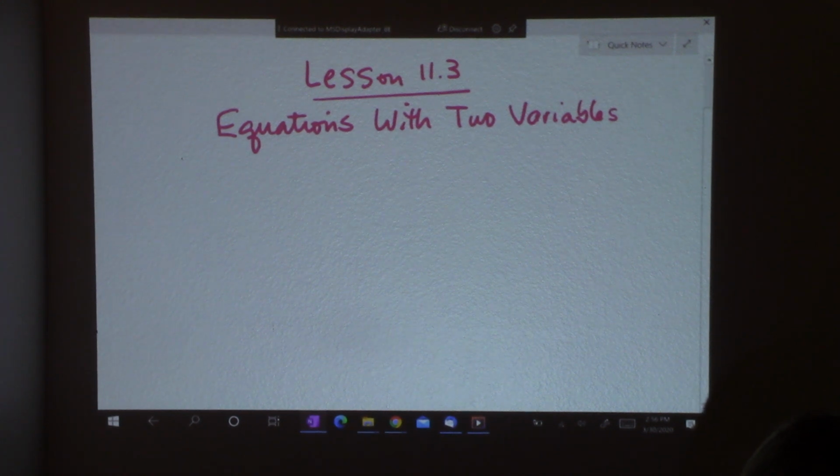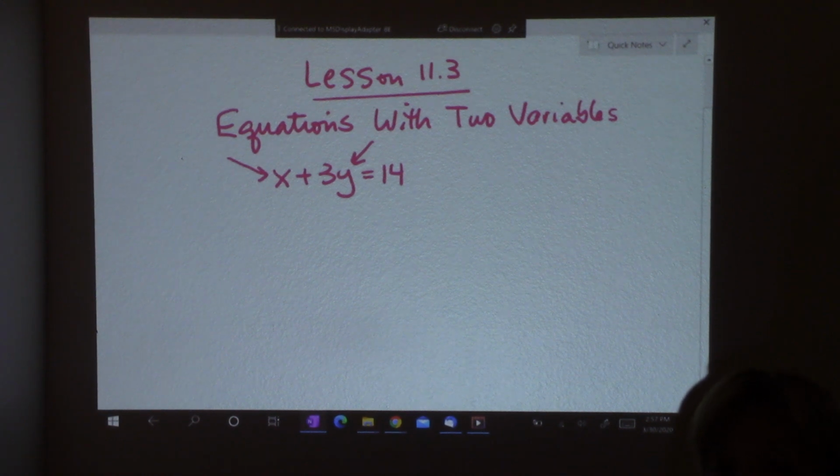So if you have an equation like this, x plus 3y equals 14, there are two different variables in it. You've got an x and you have a y, all in the same equation.